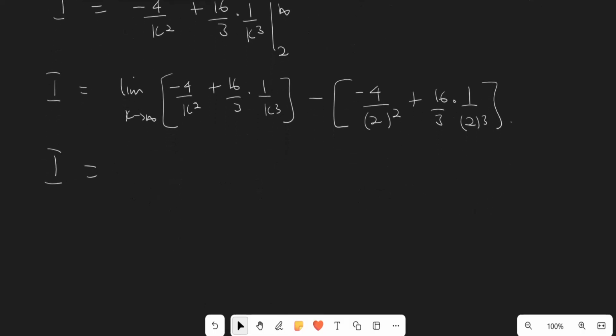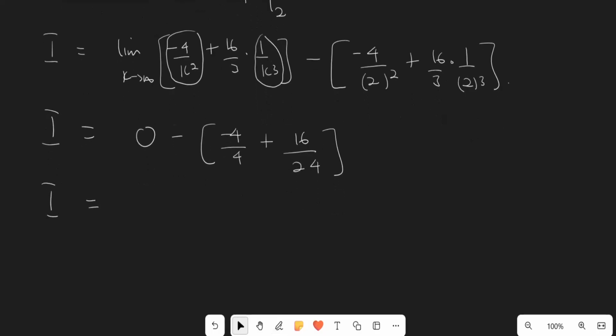So I is going to be, as k is approaching infinity, this one is going to be approaching 0, this one is going to be approaching 0. So the upper limit is really 0 minus, this one here is like negative 4 over 4 plus 16 all over 24, because 2 raised to the power 3 is 8, 8 times 3 is 24.